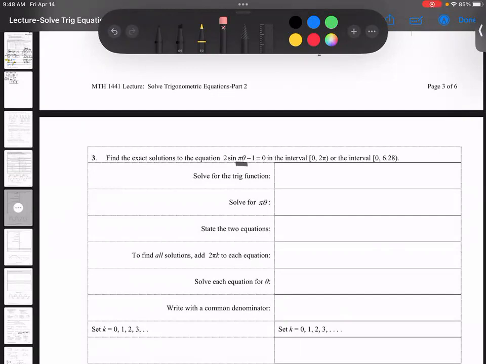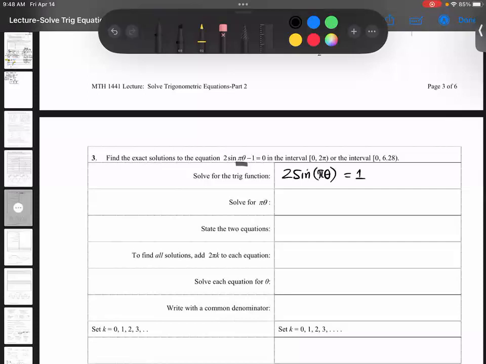The first hint that your inner self tells you what to do is to add one. Try to solve for sine pi theta, so 2 sine pi theta. Every little thing is partial credit.